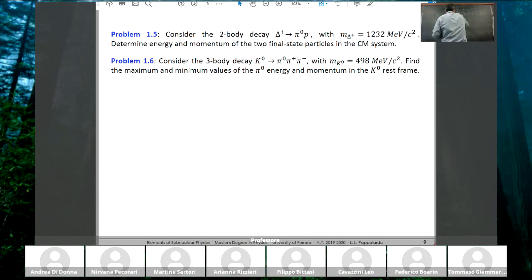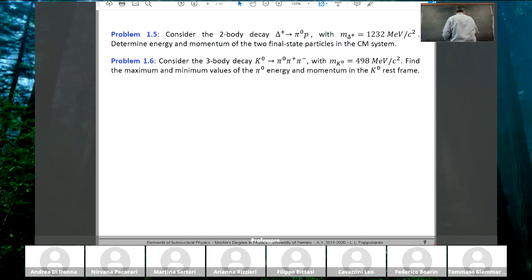Then we have the four-momentum of the initial state, which is E_i star, p_i star. Since in the initial state the K0 is at rest, this is just given by the mass of the K0 and then 0 momentum. And for the final state, we have E_f star, p_f star, and this we can make explicit for all the particles.